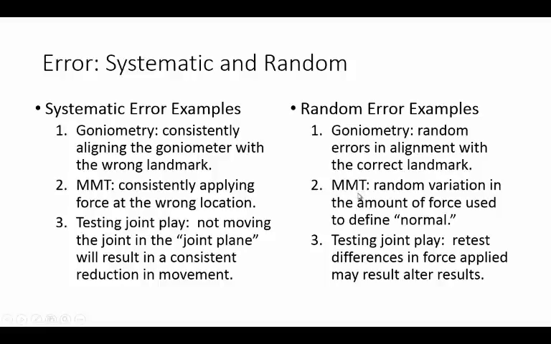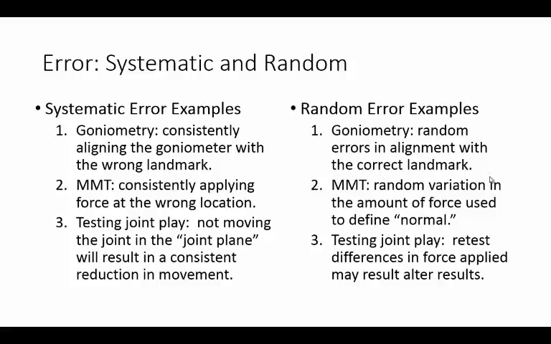For manual muscle test, again, if the amount of force that I'm applying, like one time I'm applying a lot of force to define what the normal or 5 on the scale, and then the other time I'm applying less force, then this is random variation because I don't know how much I'm applying every time. I'm not duplicating what I did last time.